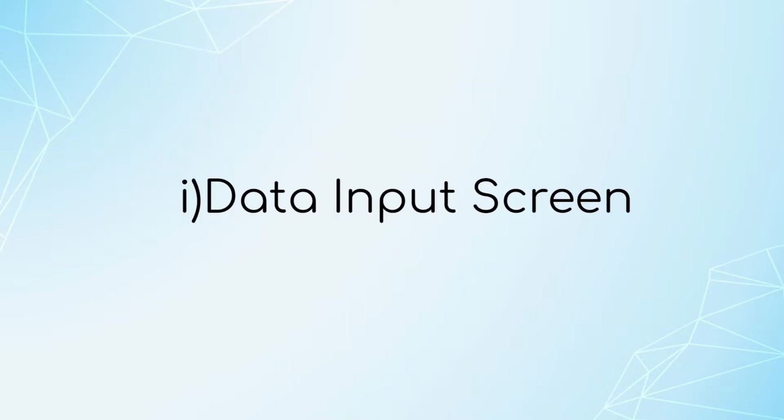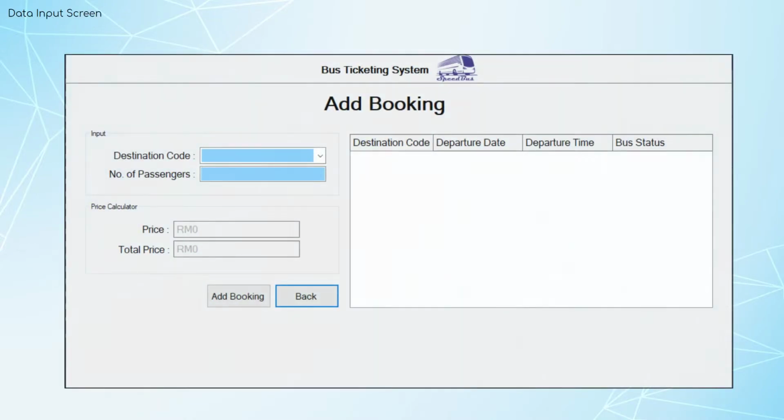So for the data input screen, it will look like this. Here there's input for the users to key in, and over here there's a price calculator. Depending on the destination code, it will display the price, and depending on the number of passengers, it will display the total price.